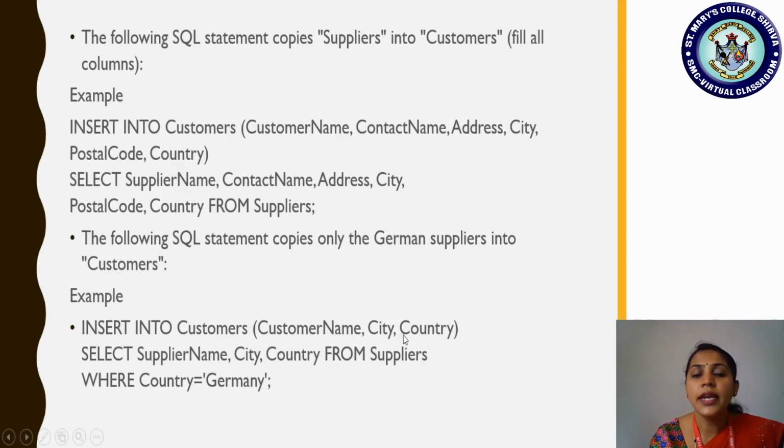Customer name, city and country. You are bothered only with these three columns, so mention that within parentheses. Then select. For customer name, the value has to be copied from supplier name. For the city, the value has to be copied from city. For the country, from which one? Country. Are you all understanding?